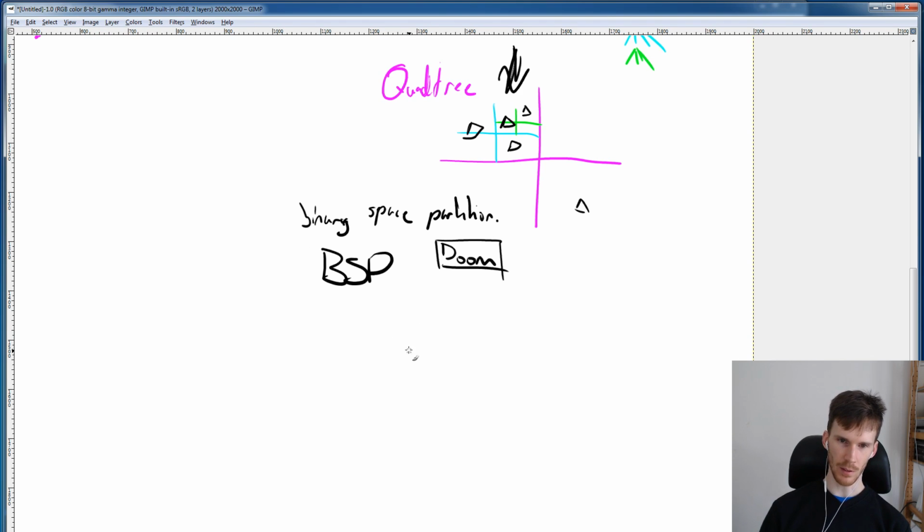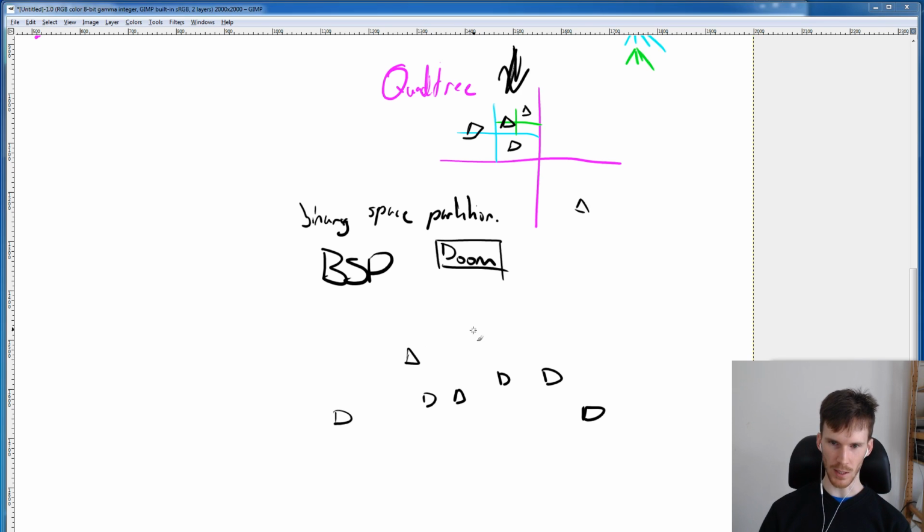So you have your triangles and stuff, and I've got a whole bunch of triangles and I want to divide them up. So I work out where this is going to divide the triangles in half. Great. And then maybe I do it again. I'll keep my colors so that this makes more sense.